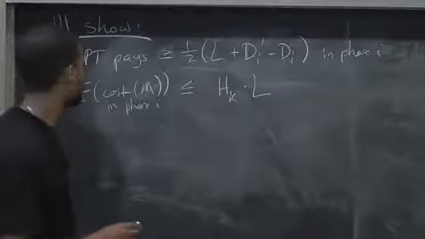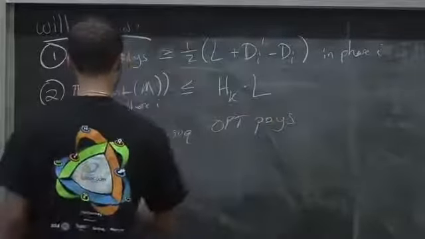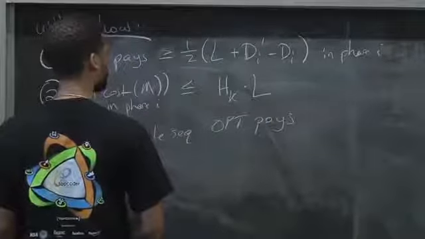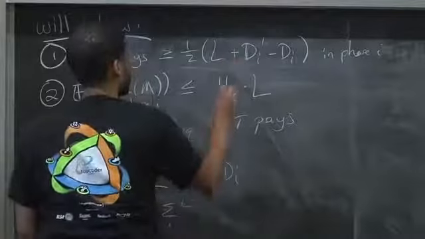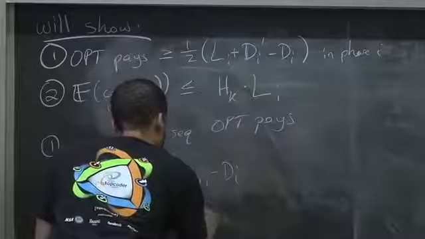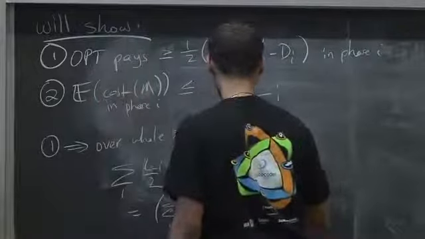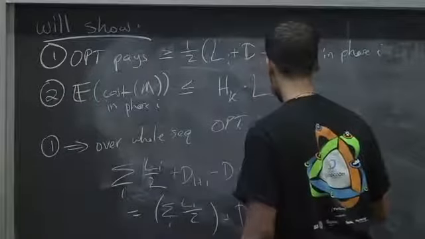And it will follow from this. So one implies that over the whole sequence opt pays the sum over i of Li over 2 plus D final minus D initial.